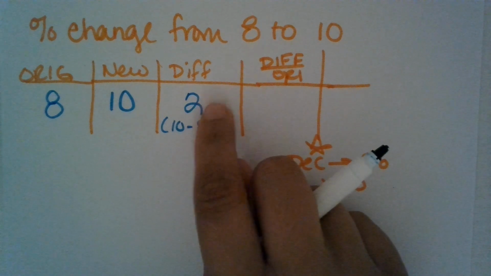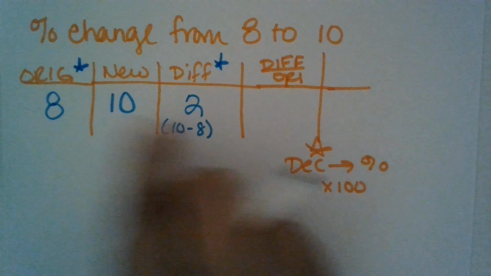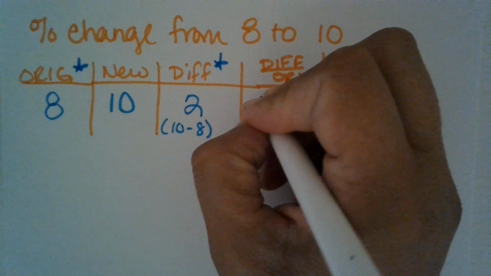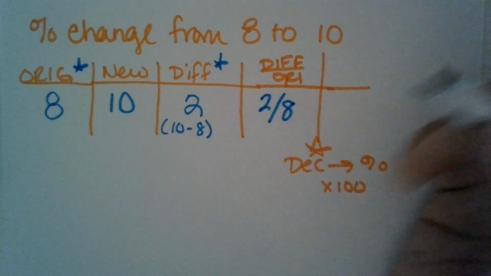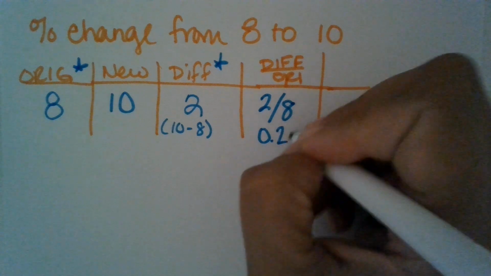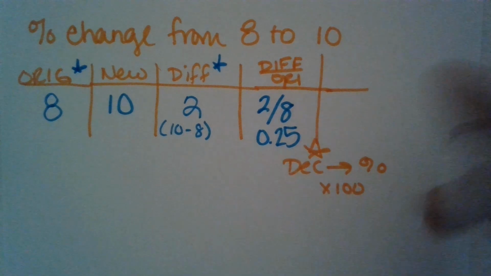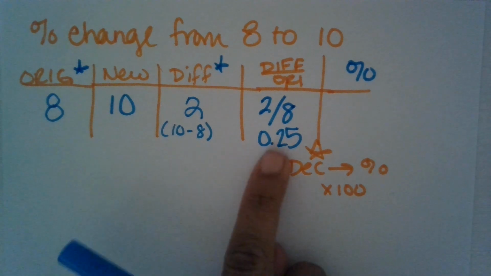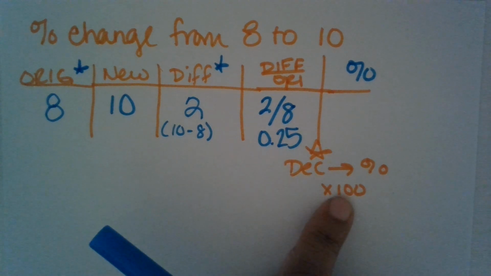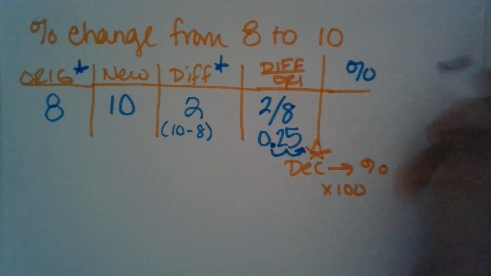I'm going to take this number now, and you need to divide by the number you start with, because you went up from 8, that's the number you started with. So I know I have to do 2 over 8. Now when you do 2 over 8 on a calculator, you get 0.25. But remember, I want my answer as a percent. So from a decimal to a percent, you multiply this number by 100 or move the decimal 2 places over.